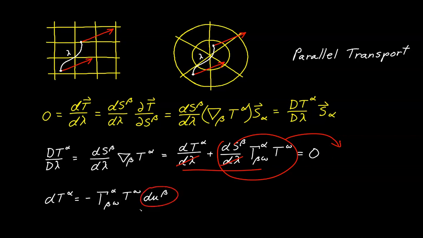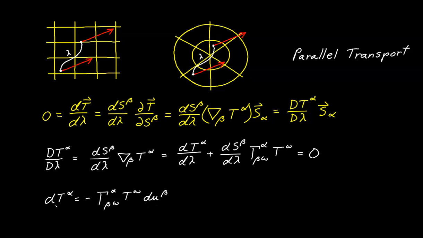Now this vector is the differential form of this vector, and remember we said this is a vector that is tangent to the curve. So this expression is valid as long as du beta here is tangent to the curve. Now this form is quite useful for analyzing the change in our vector component T alpha as we move in the direction defined by vector u beta.